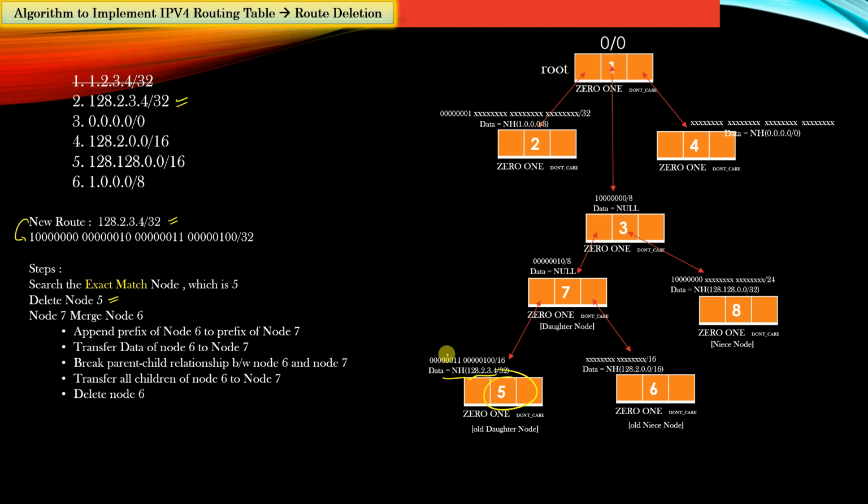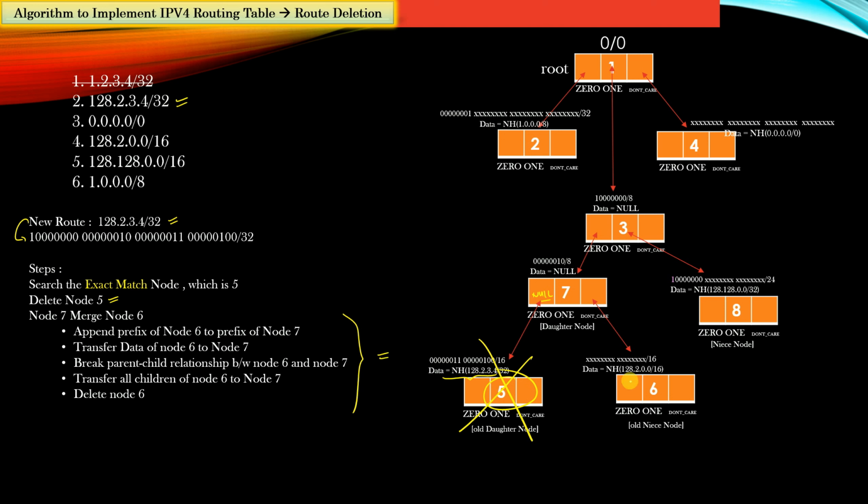So straight away delete node number 5, and adjust the pointer of the parent node to point to null because its child has been deleted. Now node number 7 has become a half node, therefore node number 7 will execute the merge algorithm. These steps will be executed.